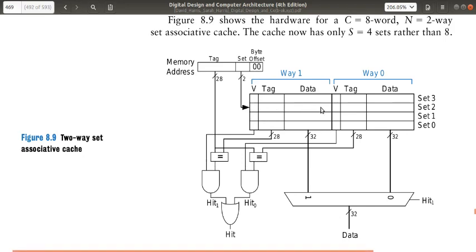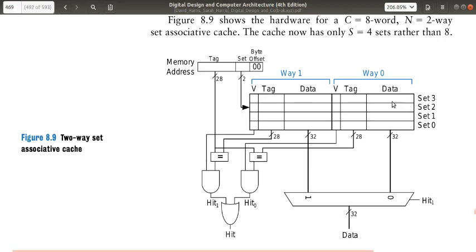Then it will just copy it into either one of these. Once within a set, there is no specific method or algorithm to determine which block the data is copied into. Once you bring the value here, it can be stored here or it can be stored here, it doesn't matter.